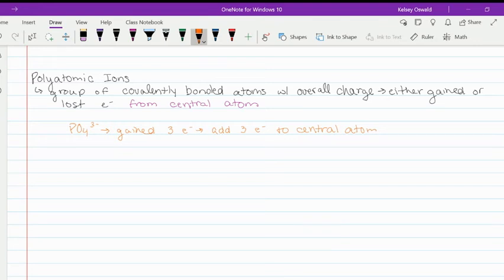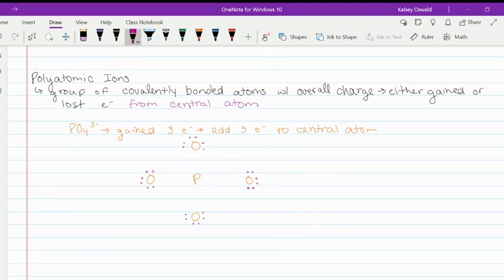Okay, so here our central atom is going to be phosphorus, since we only have 1 phosphorus, then we'll place our 4 oxygens around it. Okay, we're going to start this like we would any other. And we know oxygen is going to start off having 6 valence electrons. So we'll draw those in around each oxygen atom. Okay.